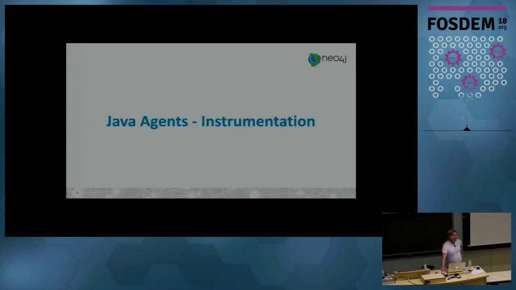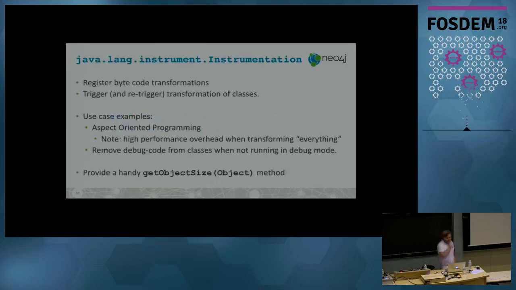There's another interesting API that's available in every JVM. This is a public API called java.lang.instrumentation. This is an API used by Java agents. It's typically used for things like registering bytecode transformers, which I'm sure people have interesting use cases for. I've never really had a good use case for transforming bytecode in a running system.